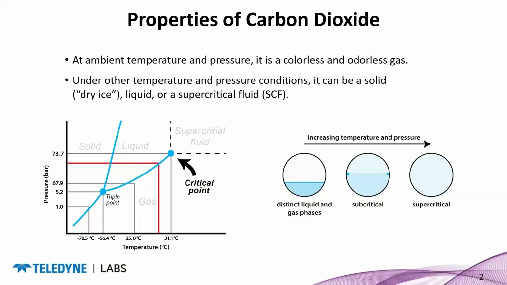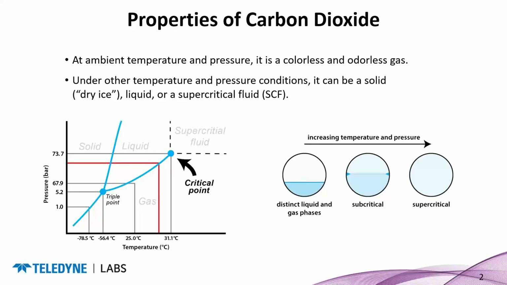And then also it can be in what's termed supercritical fluid form, and that's the box up in the upper right top corner of that phase diagram. So physically, when you're using CO2 in an instrument and you're increasing your temperature and pressure, in this case, we'd be starting with the liquid that's in a container of CO2.